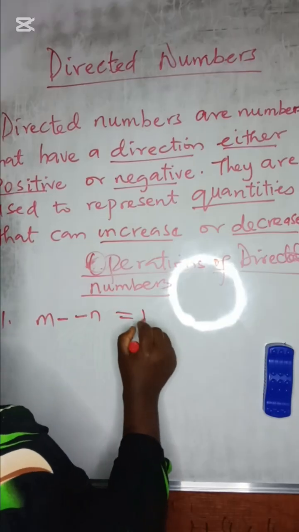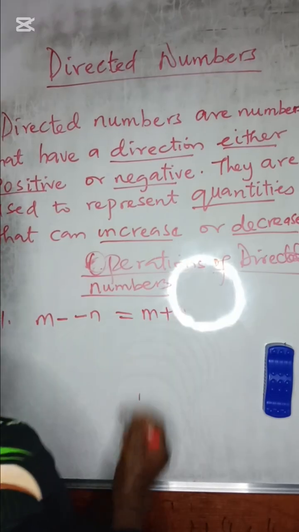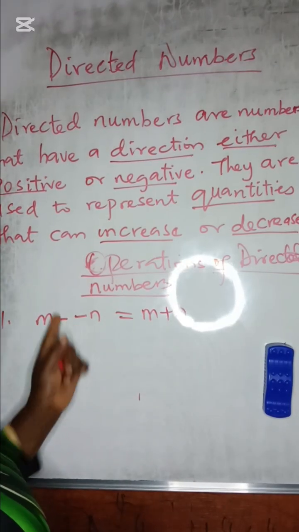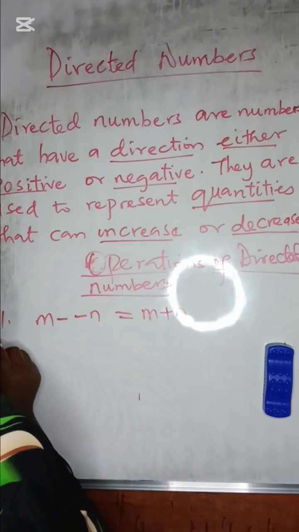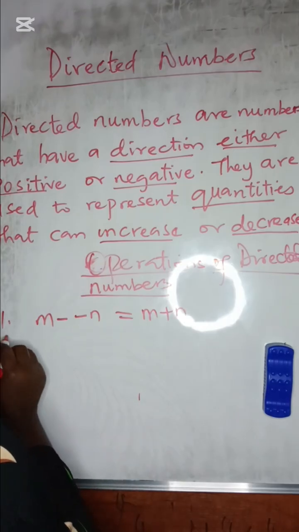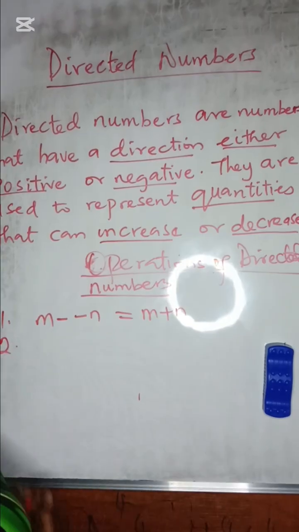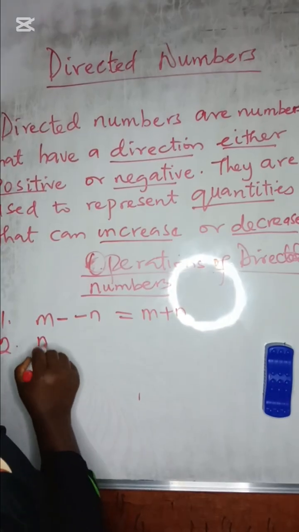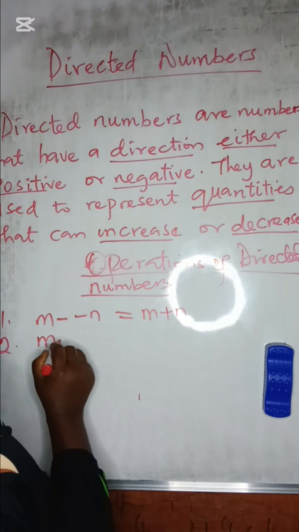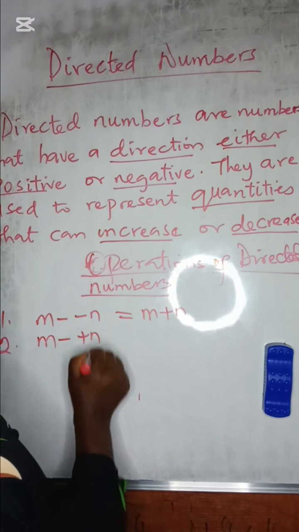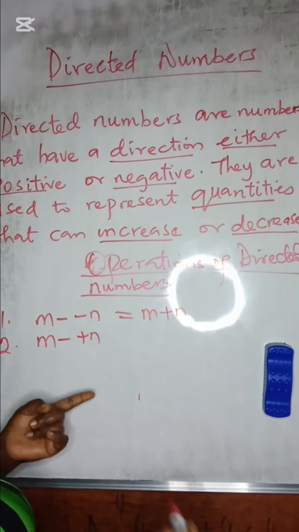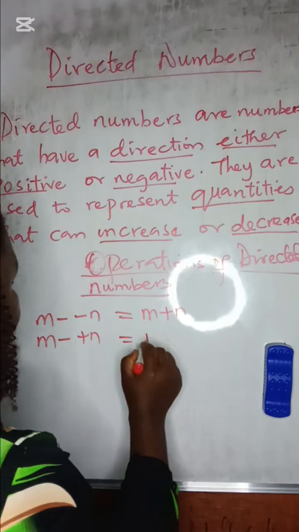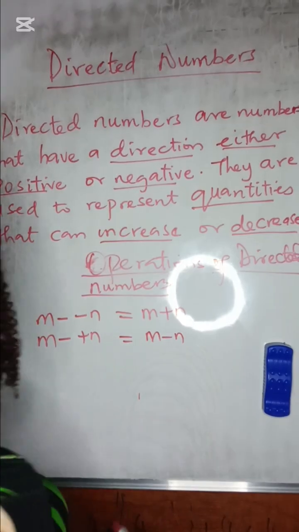This gives us m plus n. When we have the same sign, we add. Then number 2: when we have different signs, we subtract. Let's say we have m minus plus n. We have different signs, so we subtract. This becomes m minus n.